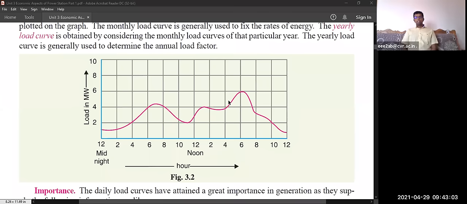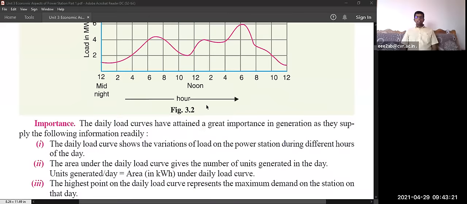So from the load dispatch centers, they may tell the generating station to reduce their generation, so they will reduce the generation by 500 megawatt, 200 megawatt, 100 megawatt from thermal or from hydro, like that.